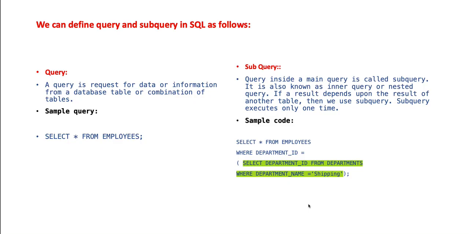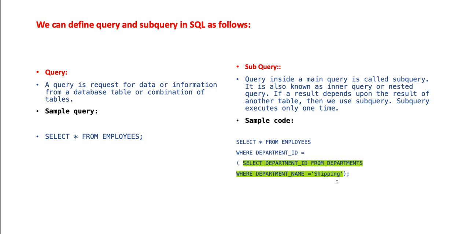And the subquery runs only one time. First it runs and gives a value, then this value is used here as department ID, and it displays all the records from the employees table which correspond to the department ID of shipping.